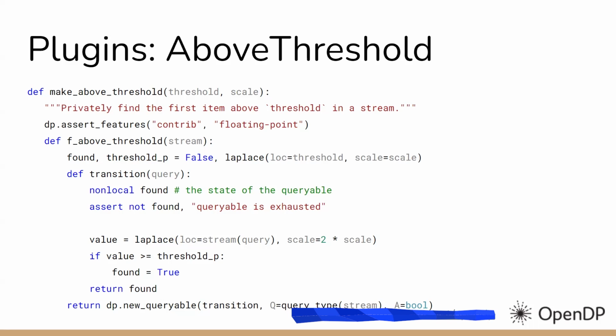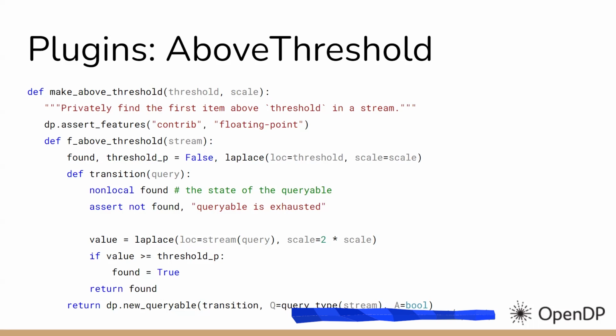And building a queryable. A queryable is something that we had talked about last year, and it's kind of like a state machine, in that you can store some state inside of it and repeatedly query it with queries that depend on the implementation of your function.